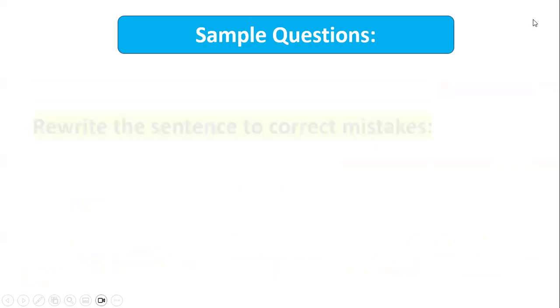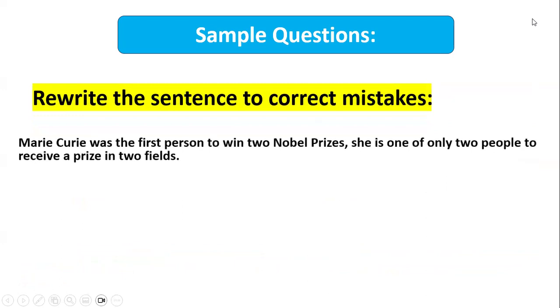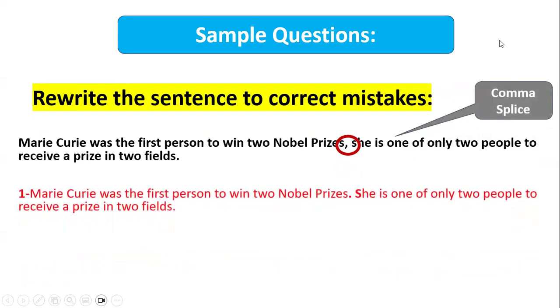Okay, another sentence. Marie Curie was the first person to win 2 Nobel Prizes. She's one of the only 2 people to receive a prize in 2 fields. What do you notice here? We have a comma splice. How can I fix this? One of the ways is to simply put a full stop and then start a new sentence with a capital S, because this is a new sentence and it comes after an end mark.